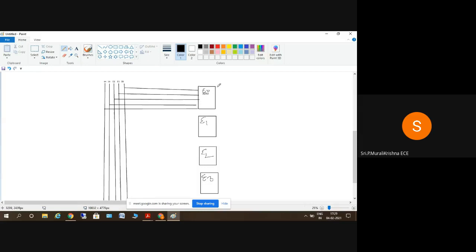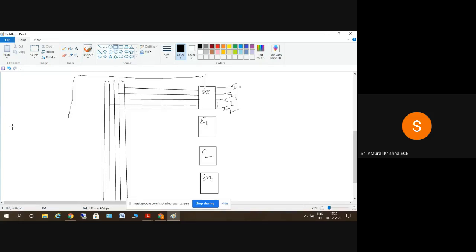The enable inputs are given to a 2 to 4 decoder. The outputs are S0, S1, S2 up to S7, so you draw the diagram up to S0 to S7.